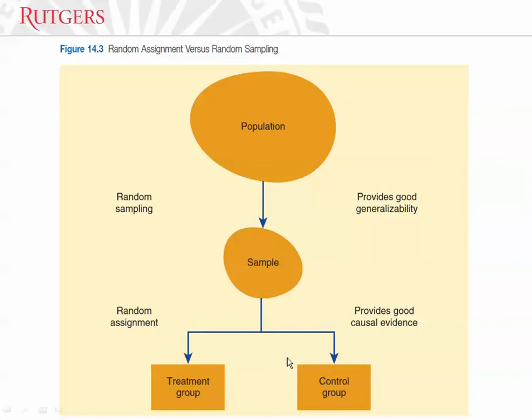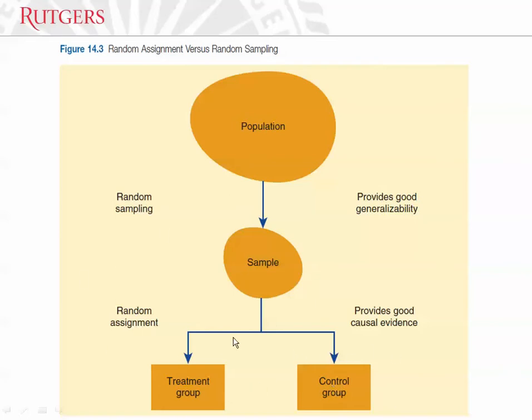This diagram shows both together, and it's actually relatively rare that a study includes both random sampling and random assignment. But in some ways, this does provide a kind of ideal if research does make some effort to draw a representative or random sample from a population and then uses that random sample to do a randomized experiment, to randomly assign people to treatment and control groups.